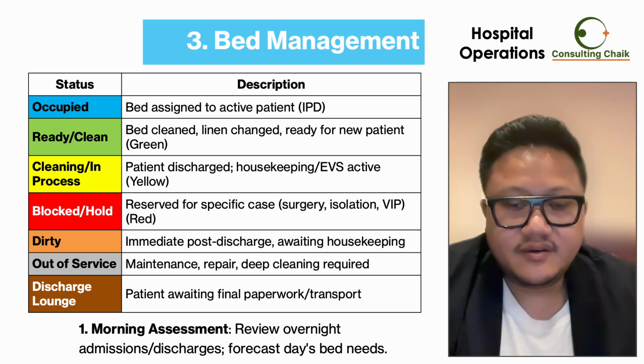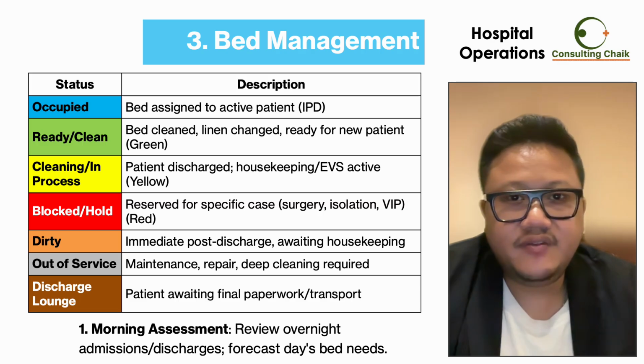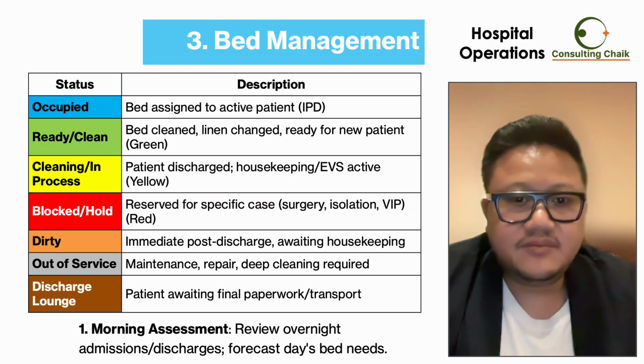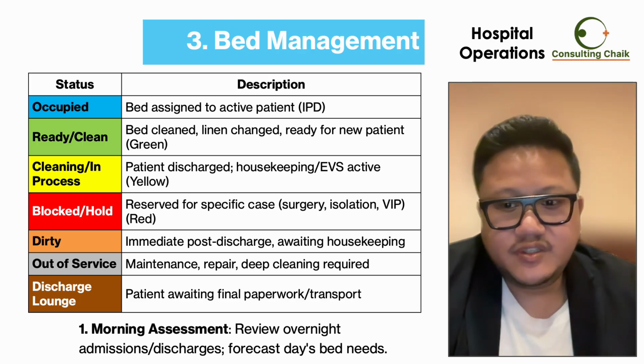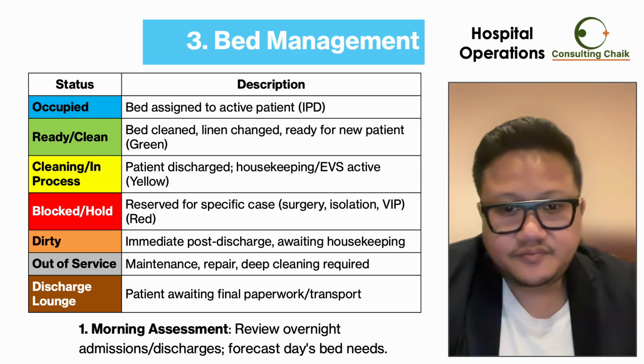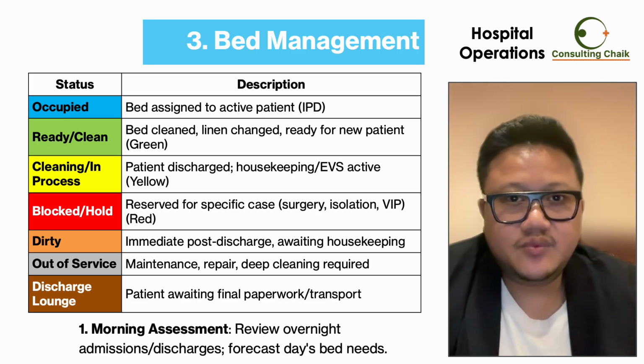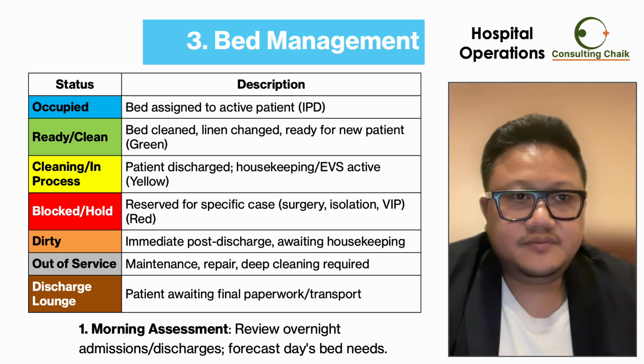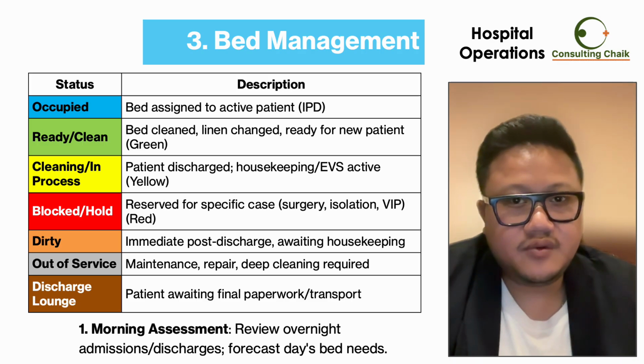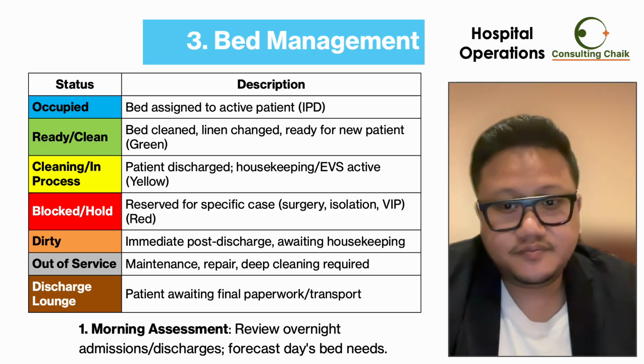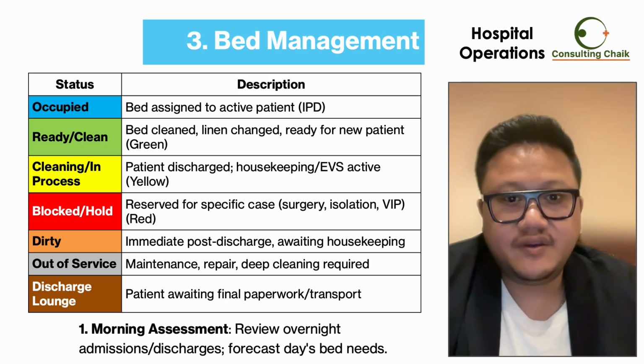Then at 65 to 75% you are making some profit, good profit. And the sweet spot is 75 to 85%, where you get most of the profit of running the hospital.